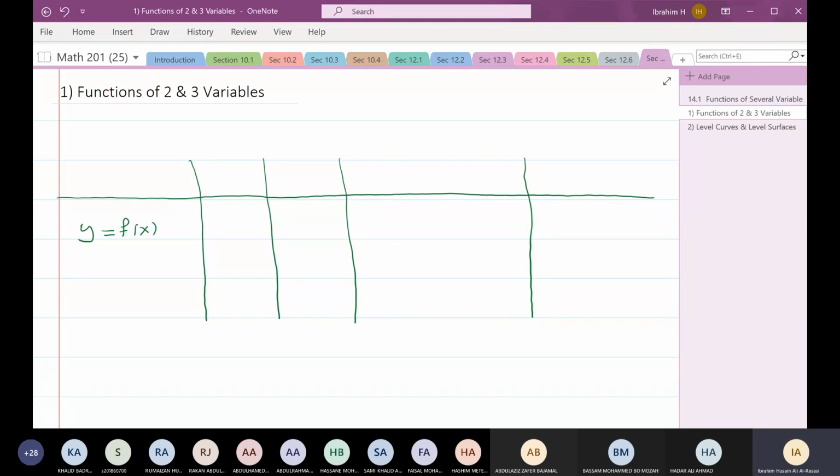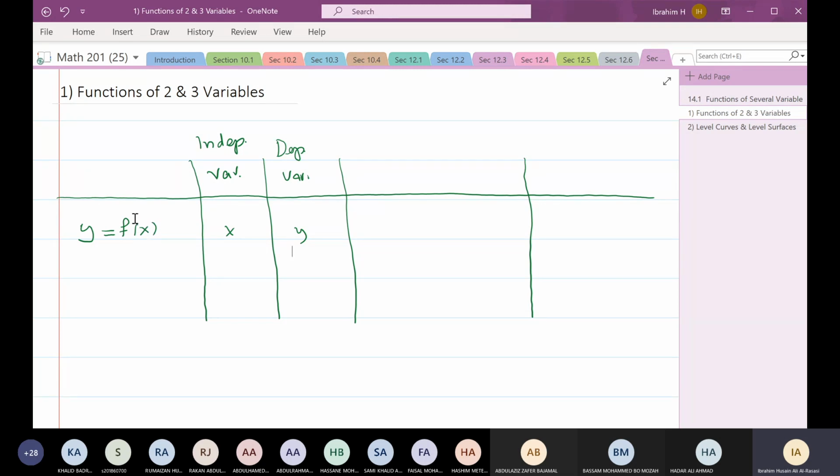And we take the terminologies: independent variable. What is the independent variable for this function? x. What is the dependent variable? y. Notice here the value of y depends on the value of x.